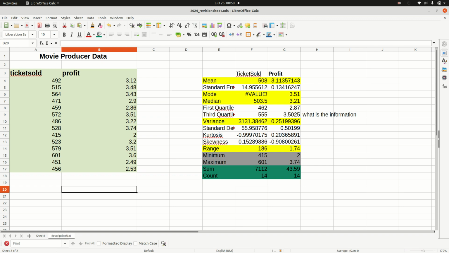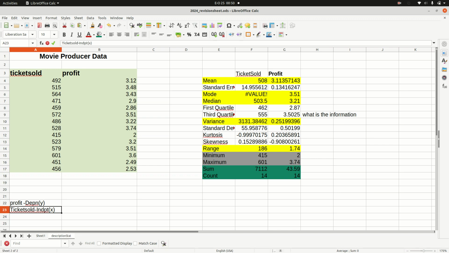So I'm assuming my profit to be the dependent variable, and my tickets sold to be the independent variable.